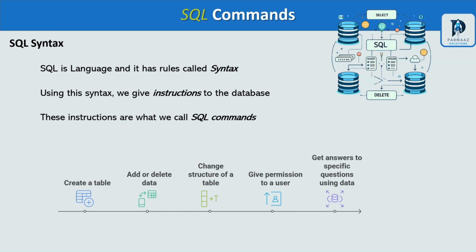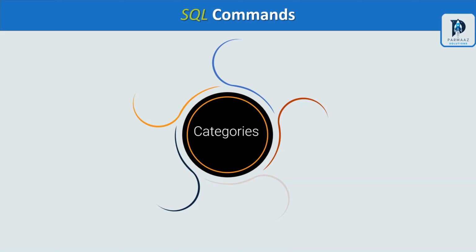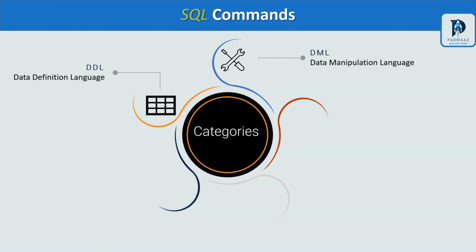To make things easier to understand, SQL commands are grouped into 5 categories. And these are the 5 main categories of SQL commands. First of all, DDL, which is data definition language, which defines the structure of your database, like creating a table. Then we have DML, that is data manipulation language, which is used to insert, update or delete data.